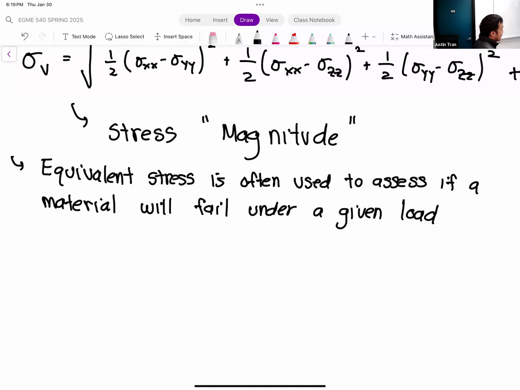The common way to do this, or I would say the quick and dirty way, is to use FEA to compute the equivalent stress, and then to compare the equivalent stress to something called the yield strength of the material.